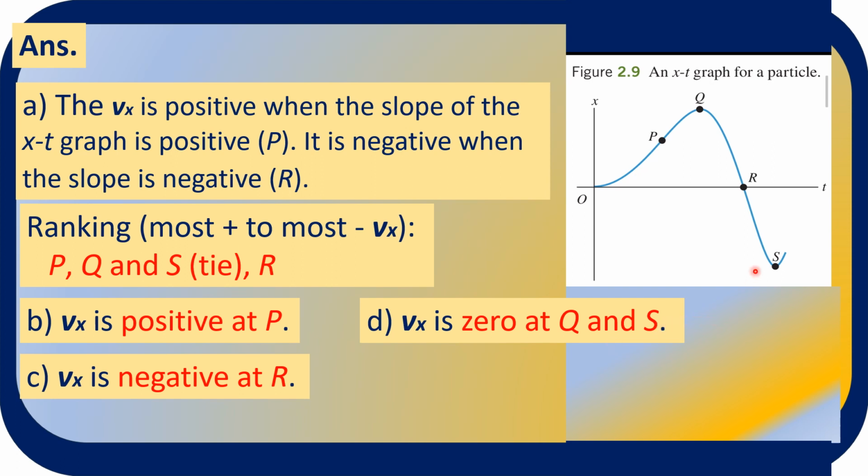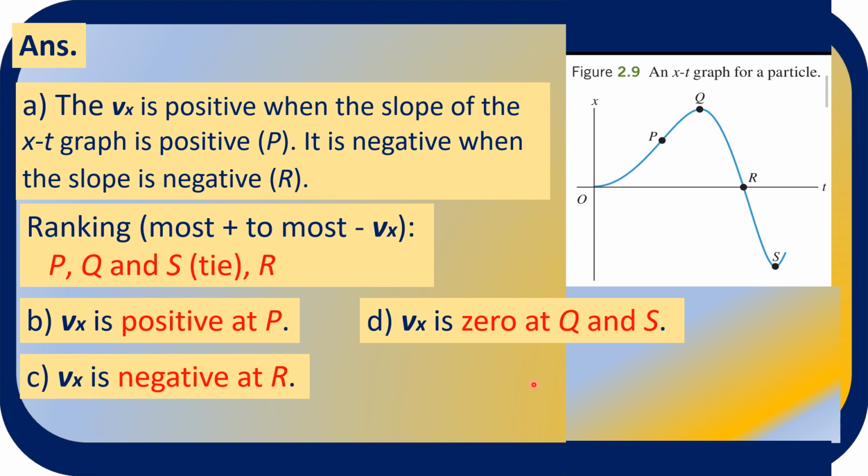And we already explained that it is because the line that is tangent to each point Q and S is a horizontal line whose slope is in fact equal to 0, which suggests that the instantaneous velocity Vx is equal to 0.